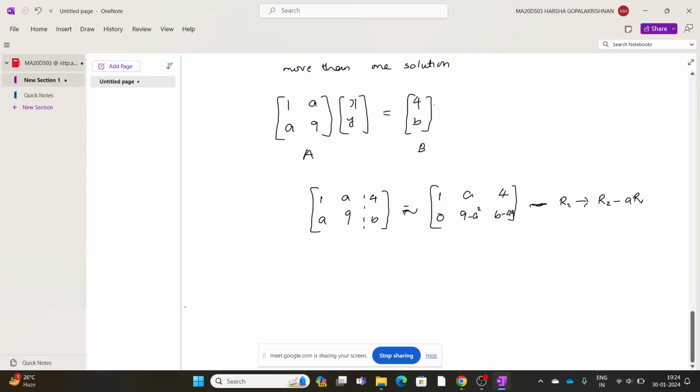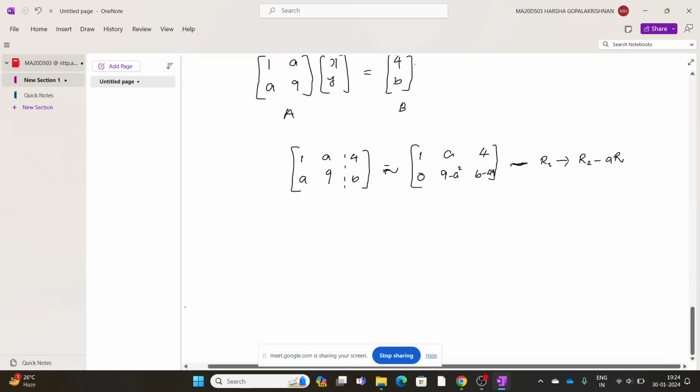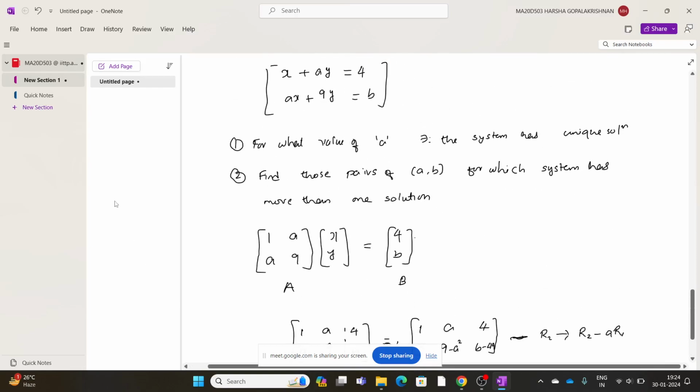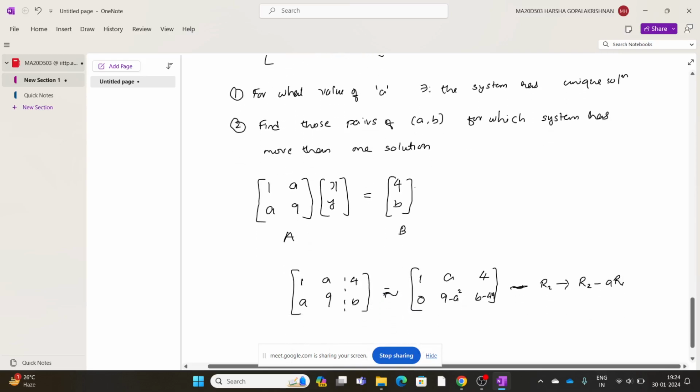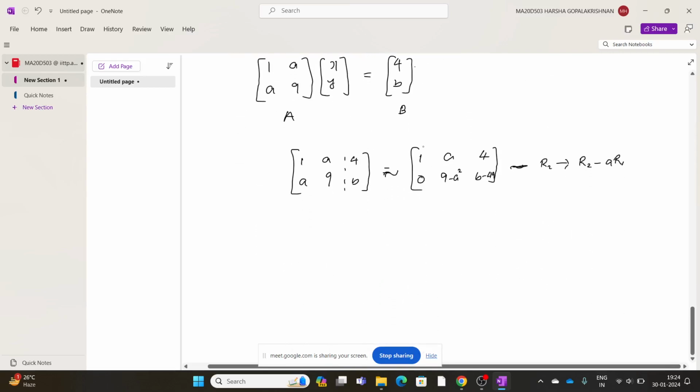So I am just reducing it into a simpler form. So the first question is, for what value of a does the system have a unique solution? Can anyone say? When will the system have a unique solution? Like for what value of a? Just leave b for now.